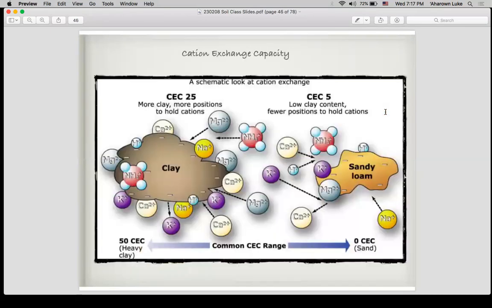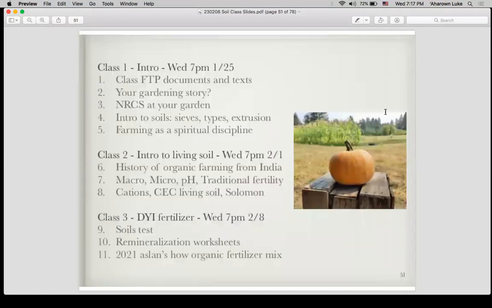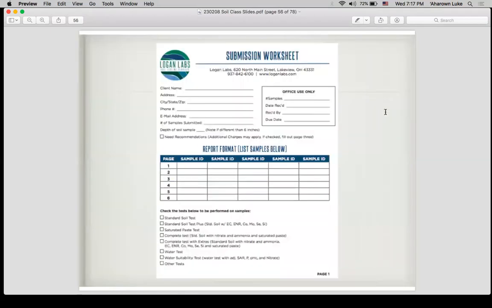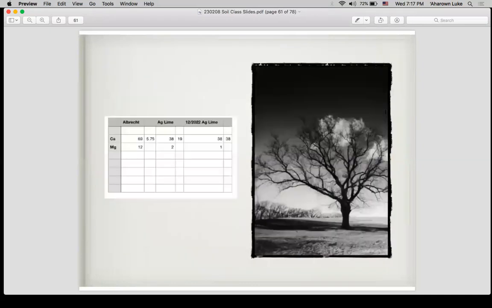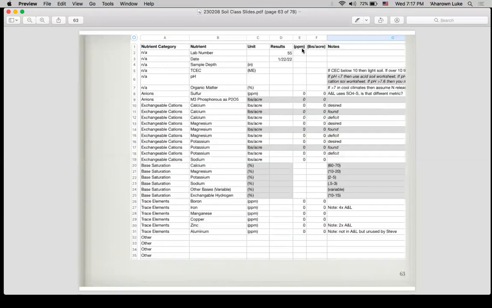So back down here, we have our spreadsheet, and Logan Labs is organizing the results by these main categories. This is giving you pounds per acre, but then they also repeat some of these as a saturation. This is the actual 69% and 12% that Albrecht is talking about. So that'll be listed.